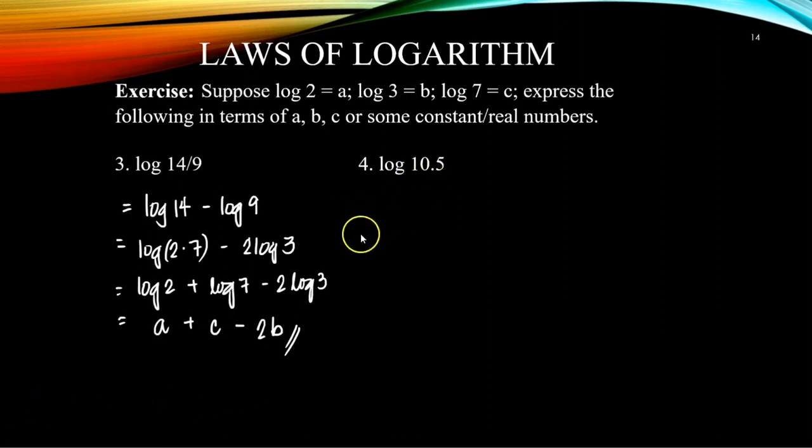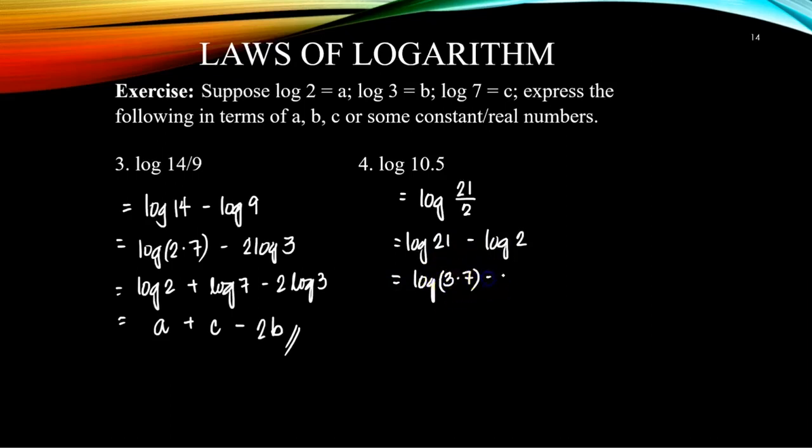For number 4, logarithm of 21 divided by 2. So I can say logarithm of 21 minus logarithm of 2. 21, I can write as 3 times 7, minus logarithm of 2.